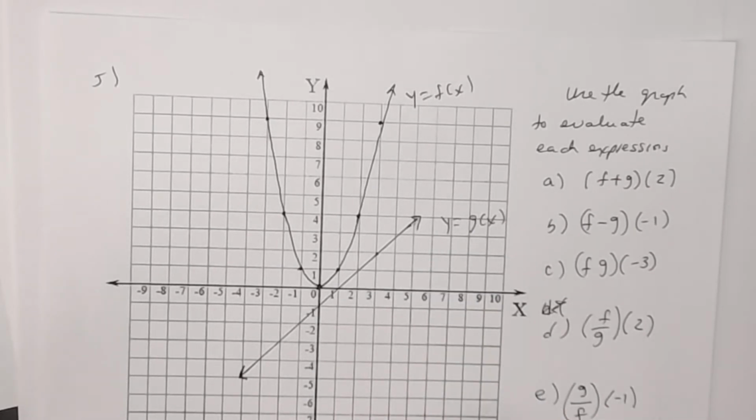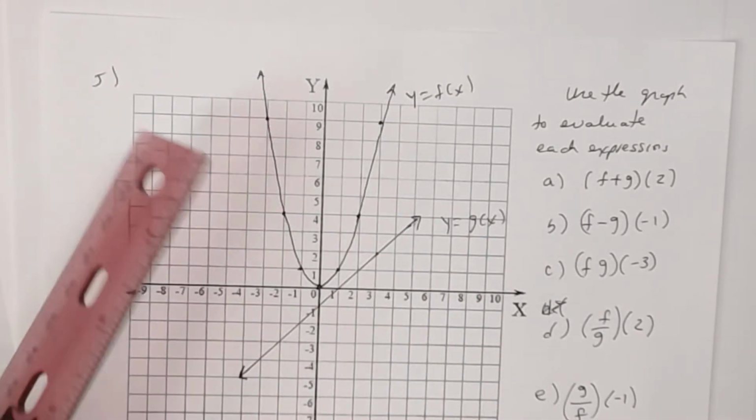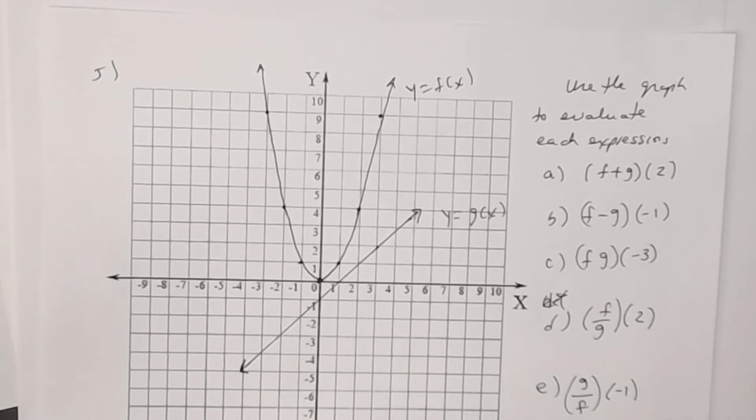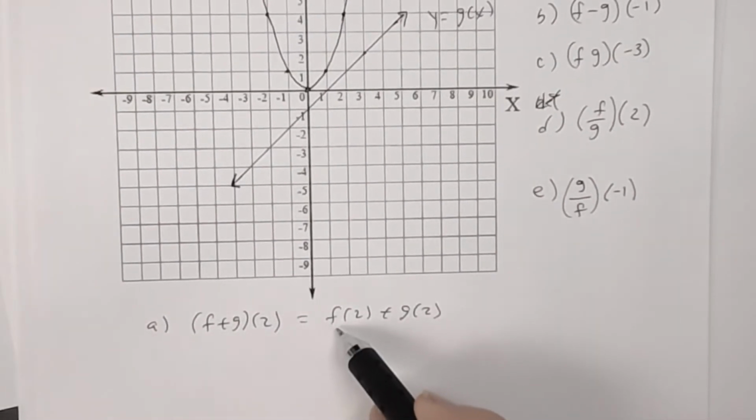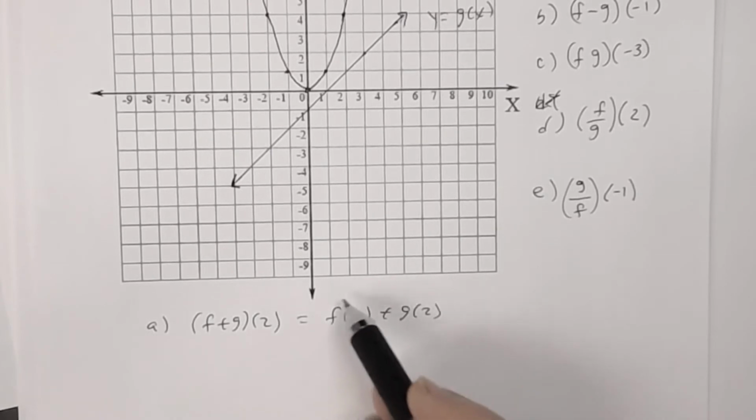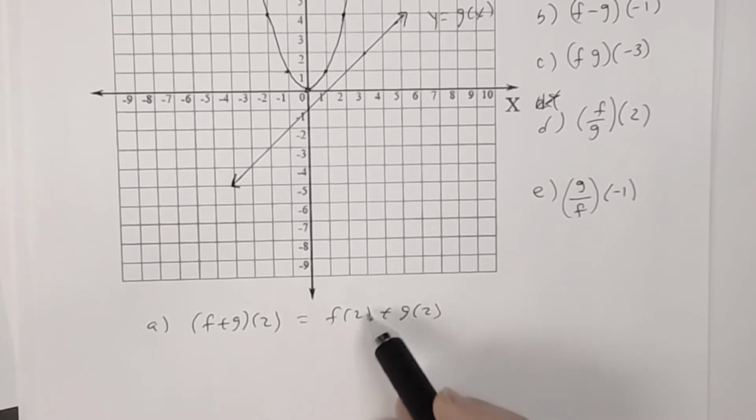All right, now listen carefully. And you may need a ruler to help you with it. So if the graph is given, then what this means is this. I have to go to the graph that represents the function f. And remember, f of 2 means this. What's the y value when x is 2? That's what you're asked.